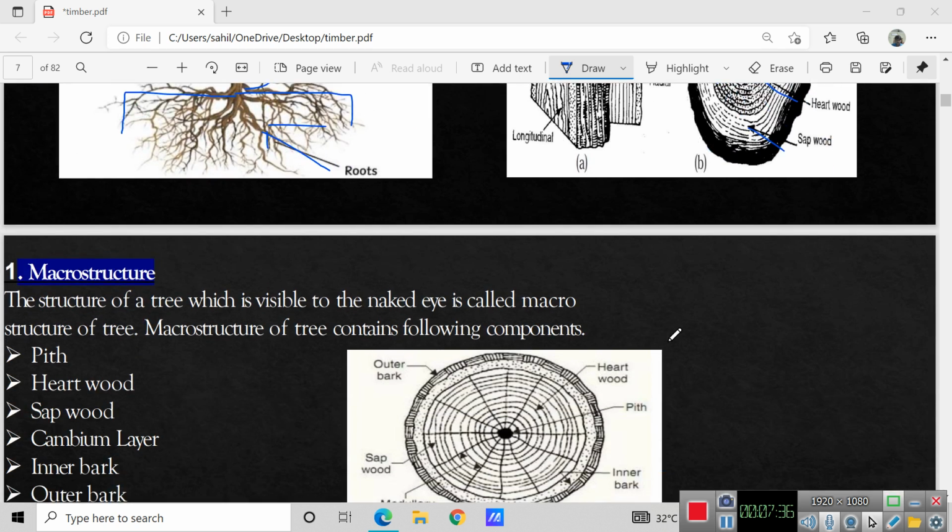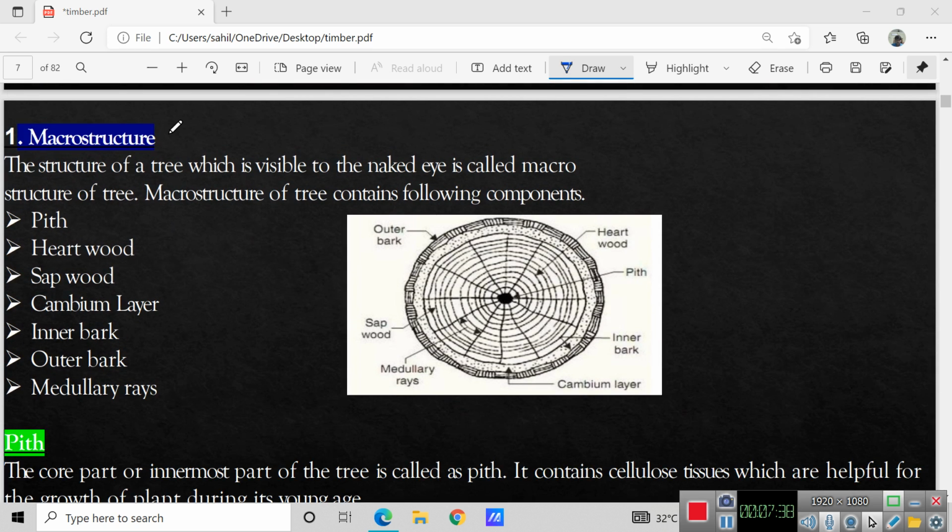Now in the next slide, the macrostructure is given here descriptively. The macrostructure of tree contains following components, that is pith, heartwood, sapwood, cambium, inner bark, outer bark, medullary rays.